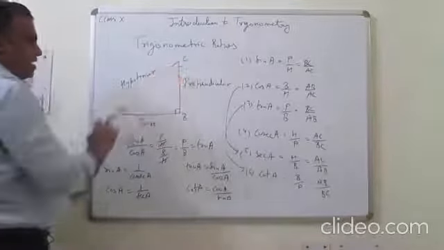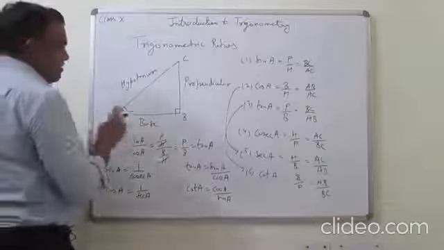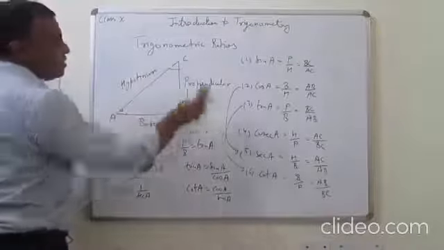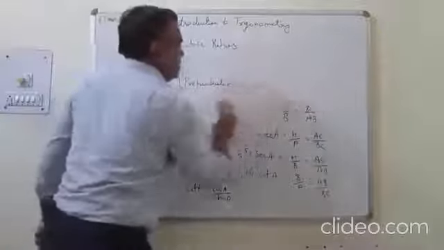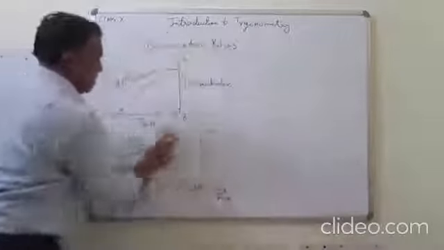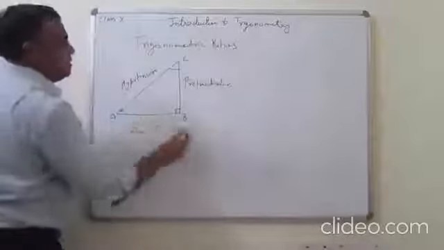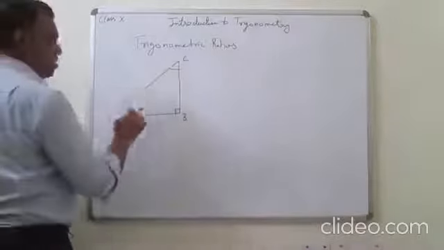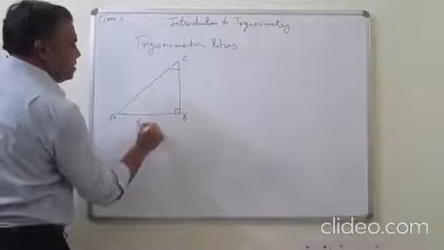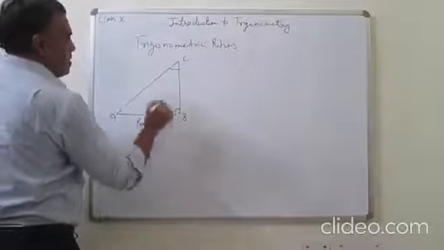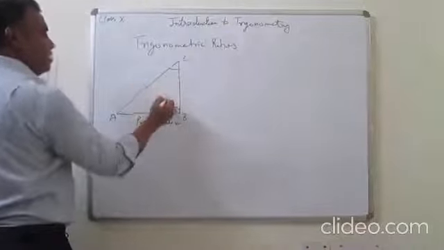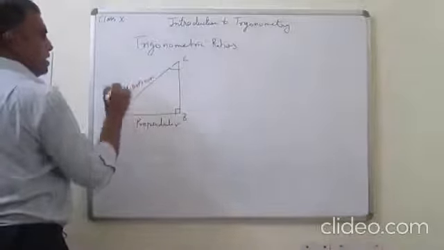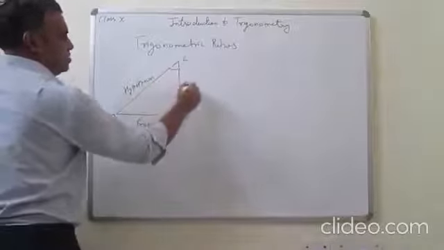Now the categories are changed. If I take angle C, the perpendicular is AB, the hypotenuse is opposite to 90 degrees, and the base is BC.